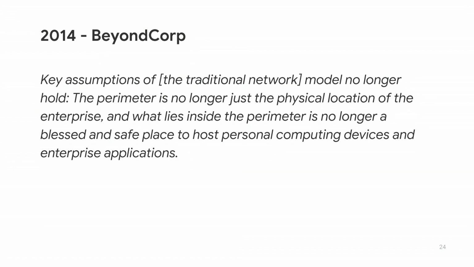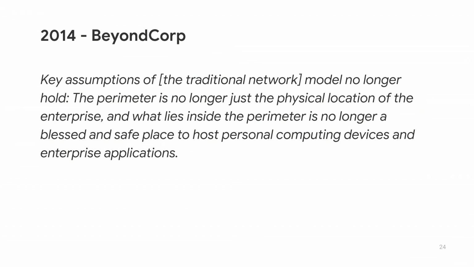The perimeter is not just the physical location of where people are or where the enterprise network is. And just because something's inside the perimeter doesn't mean that it's blessed or a safe place to host computing devices.